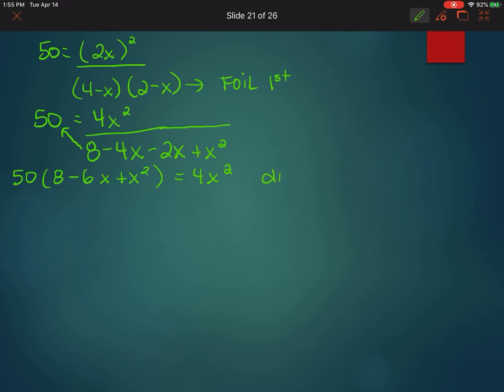Now distribute the 50. Now we have to collect like terms, bring the 4x over.